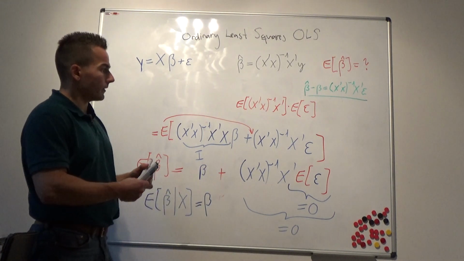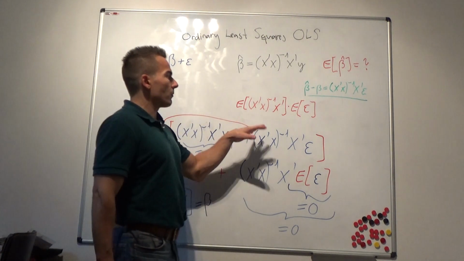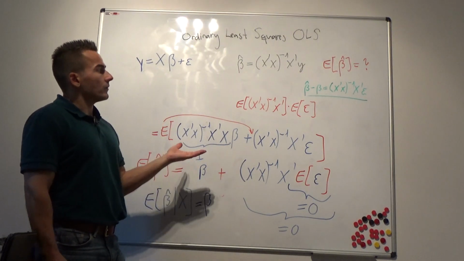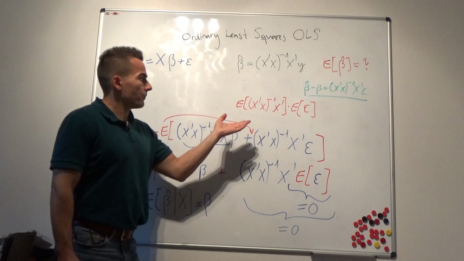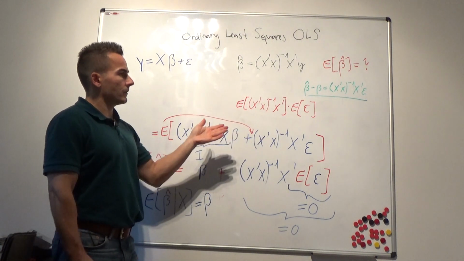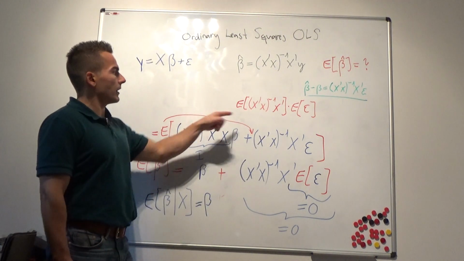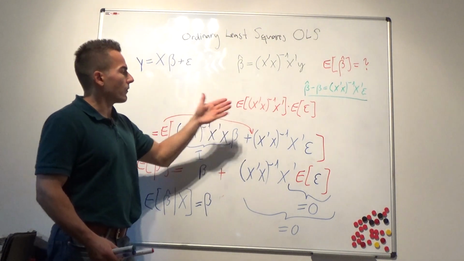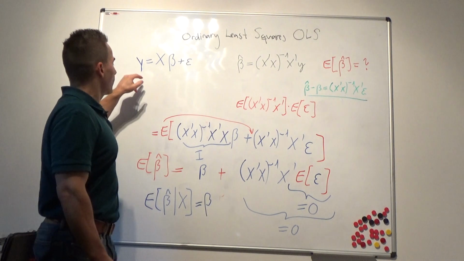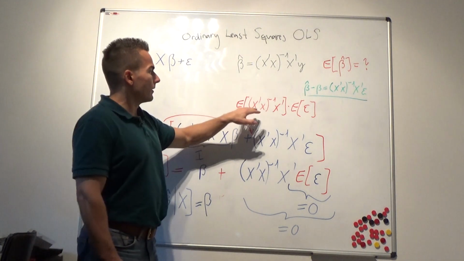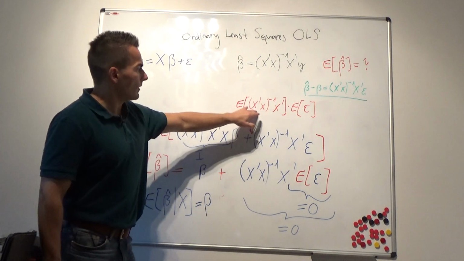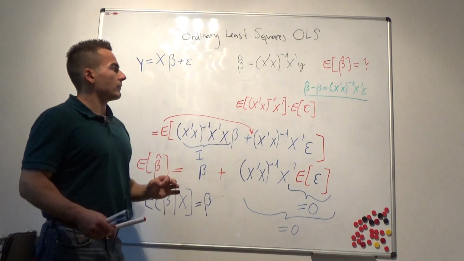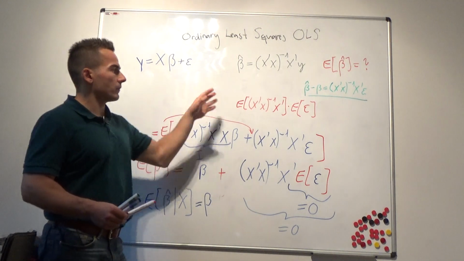And I told you earlier that that's basically not a problem in our research context. It would be a problem if we have lagged dependent variables. If our X matrix contained some lagged variables from the left hand side, some lagged Y variables, then obviously this is a problem and we have to operate with other concepts.